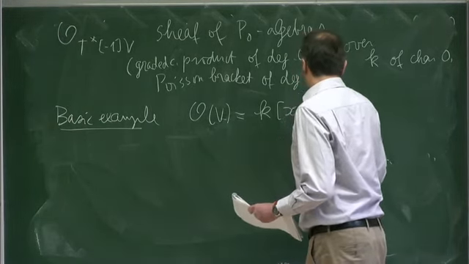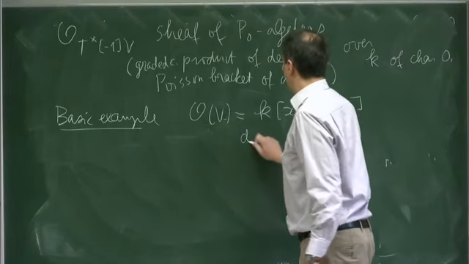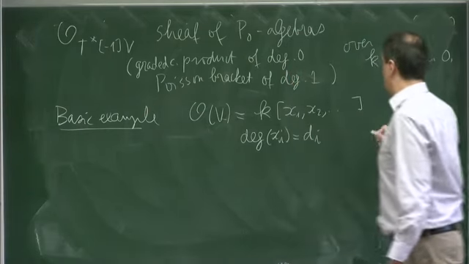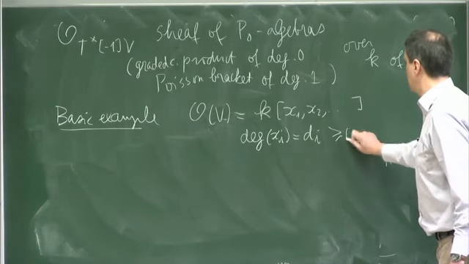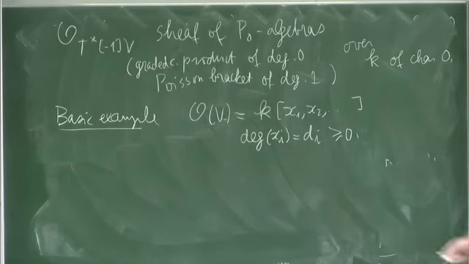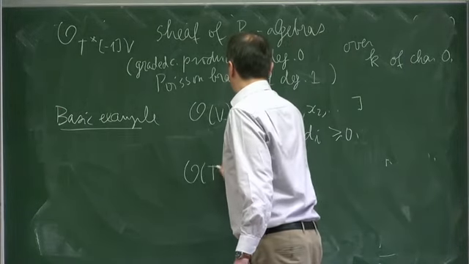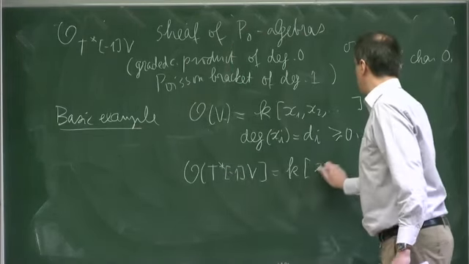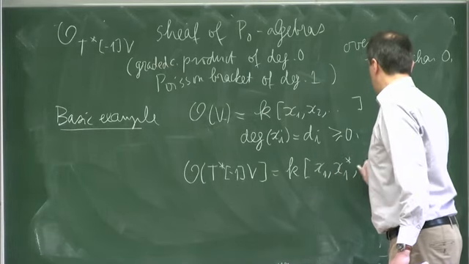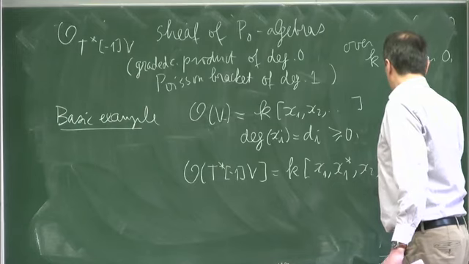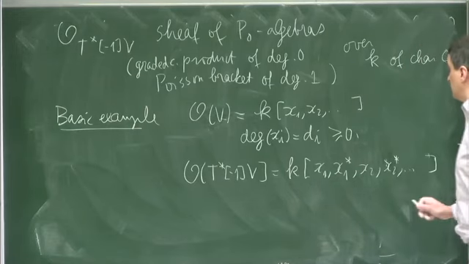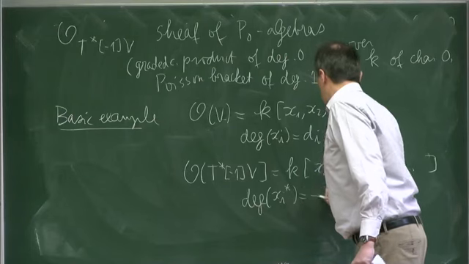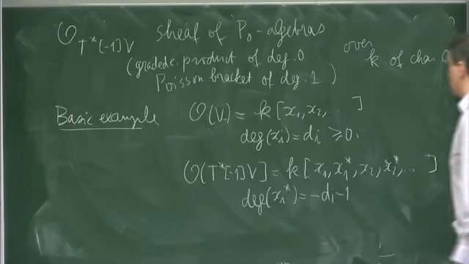So you could have something like k[x_1, x_2, ...] with the degree of x_i equal to d_i, and the ring of functions on T^*[-1]V will look like k[x_1, x_2, ..., x_1^*, x_2^*, ...], where the degree of x_i^* is -d_i - 1.